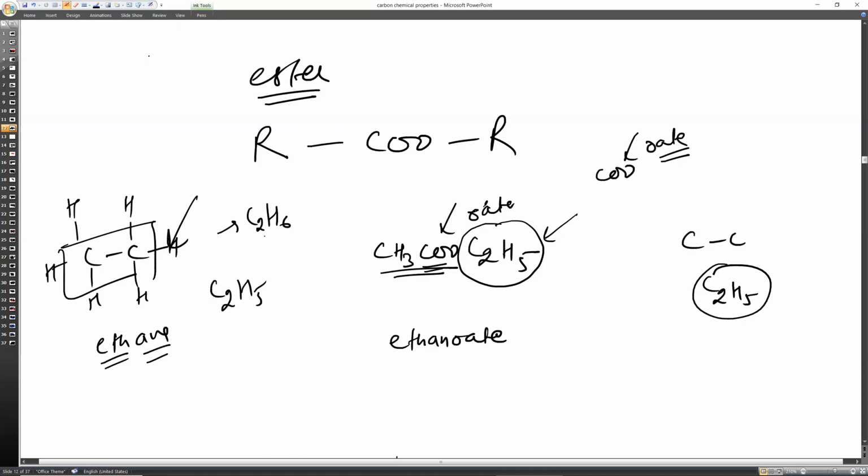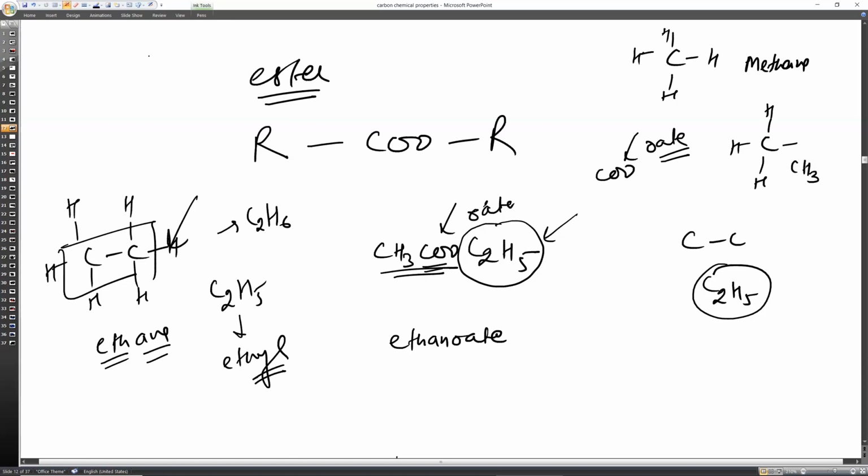But when this loses one of its hydrogens, it will become C2H5, and then its name will become ethyl, an alkyl group. Like methane, it is CH4, 1 carbon. But when it loses one hydrogen, it will become CH3. Sorry, methyl.